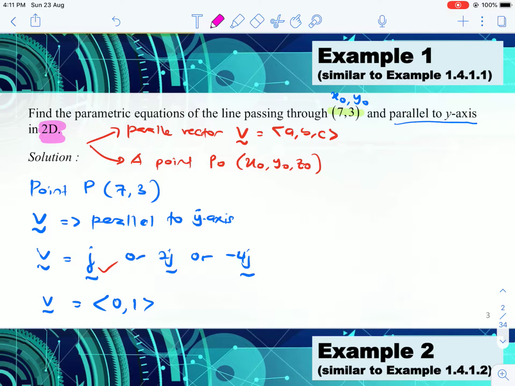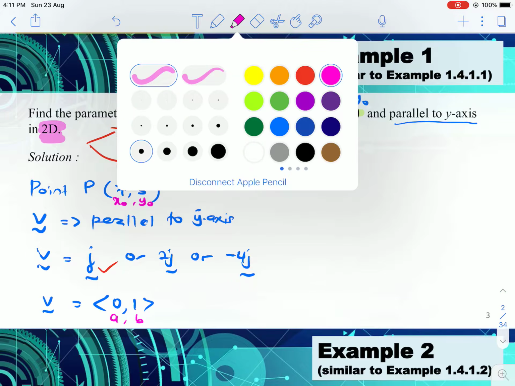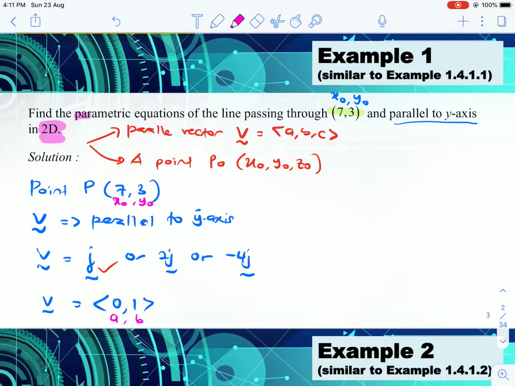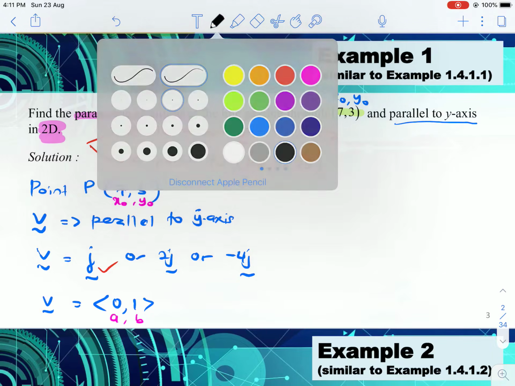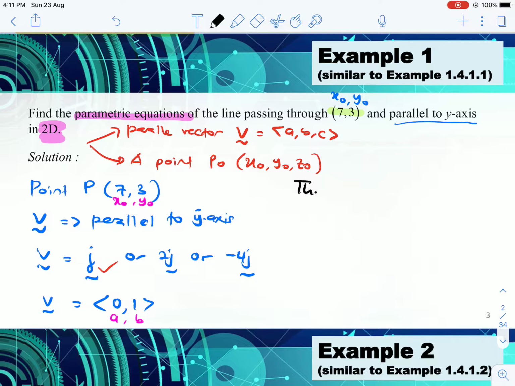Now guys, we have x naught here and y naught here, and this is our A and B. So the question asks you to find the parametric equations. Parametric equation said that x equals to x naught plus AT, y equals to y naught plus BT.